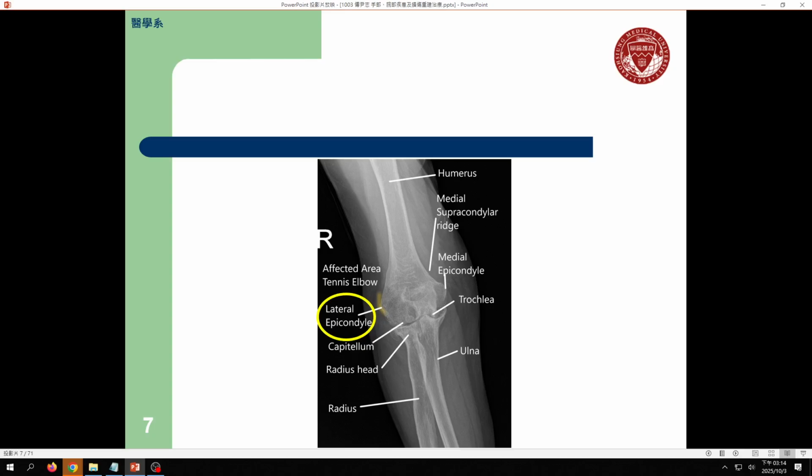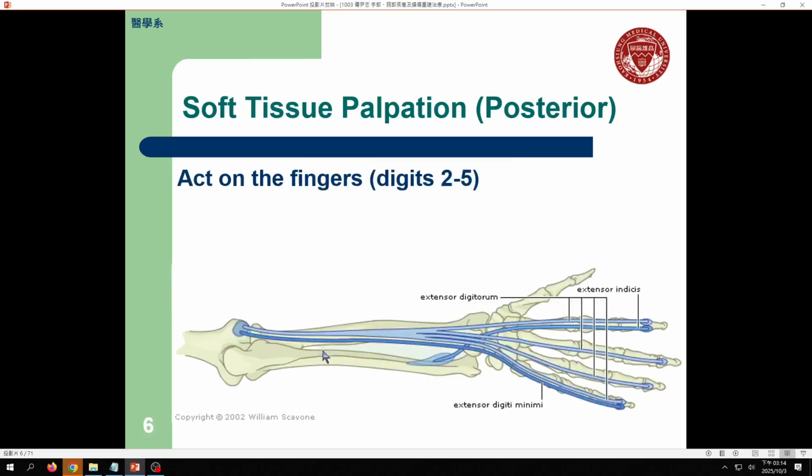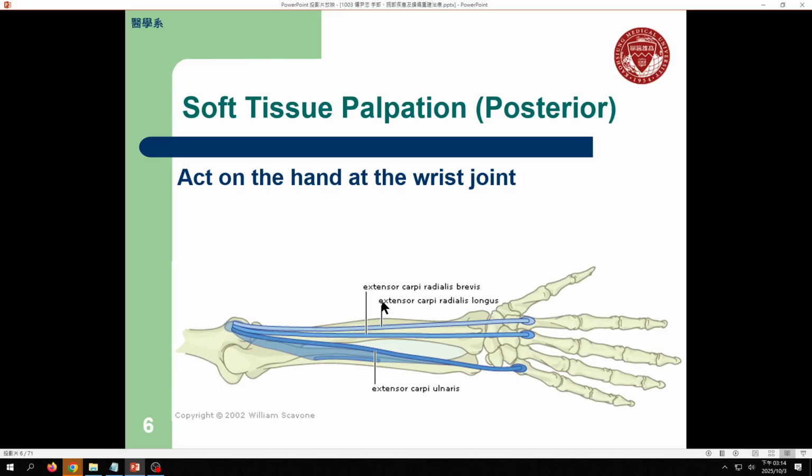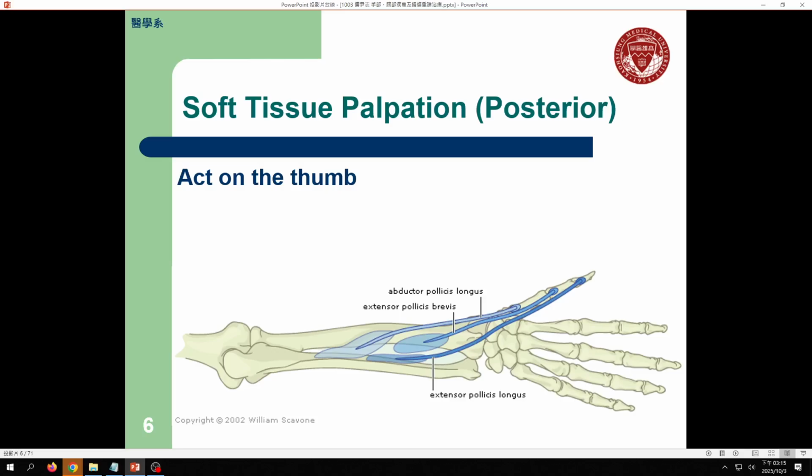What kind of extensor tendon? Wrist extensor, as I said previously. You could see extensor carpi radialis brevis, extensor carpi radialis longus, extensor carpi ulnaris, right? Radius and ulna. That's all originating from the lateral epicondyle, right?